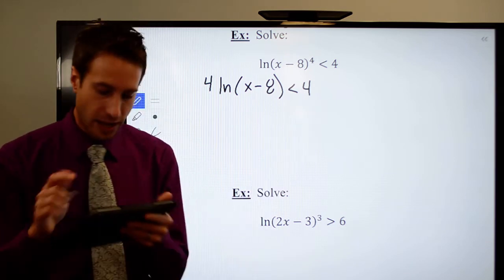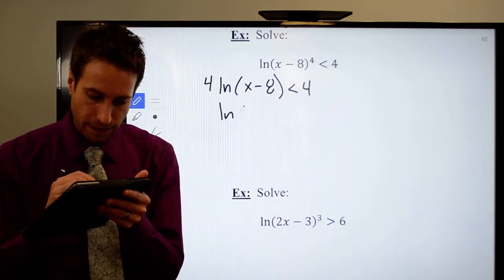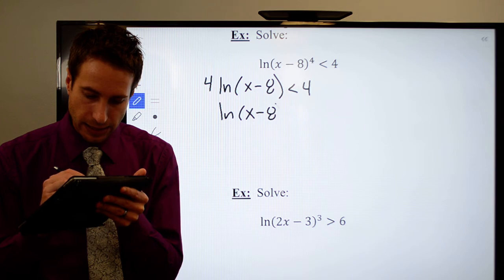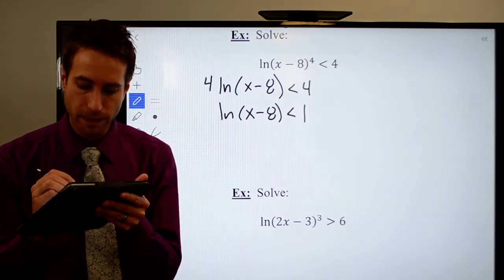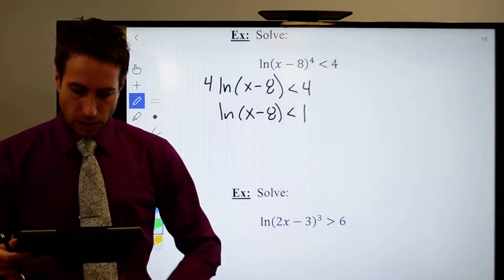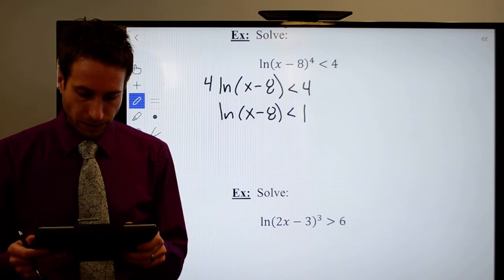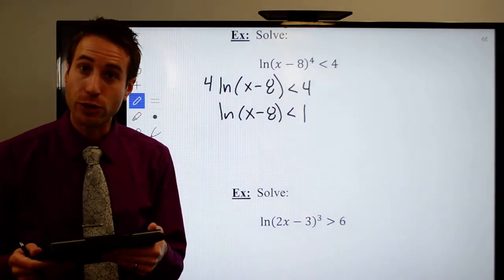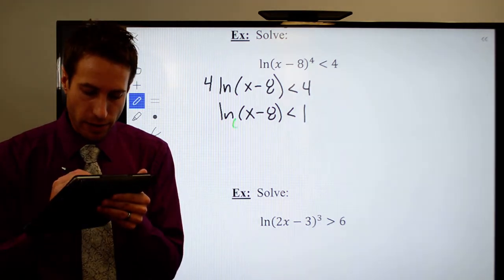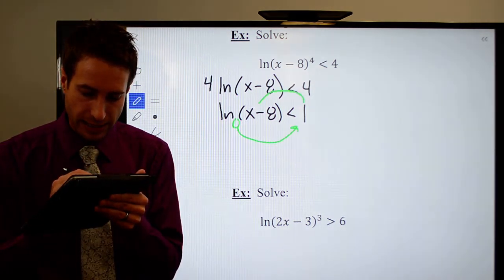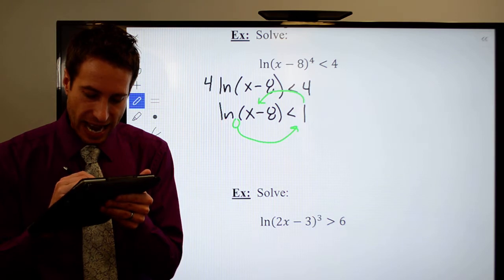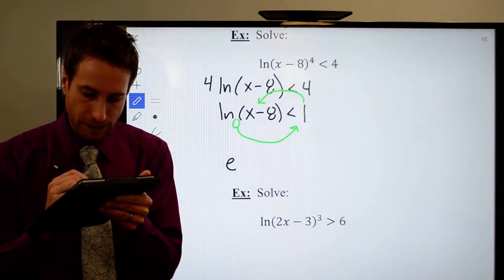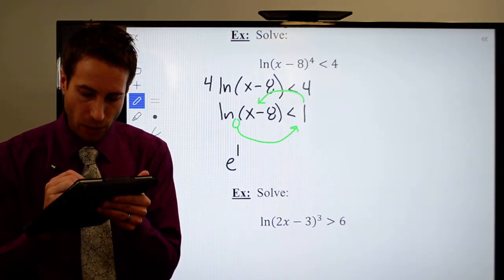Divide the 4 to the other side. ln of x minus 8 is less than 1. All right, at this point, I'm going to then use the snail method to rewrite this guy so that I have the natural base e raised to the 1st power.